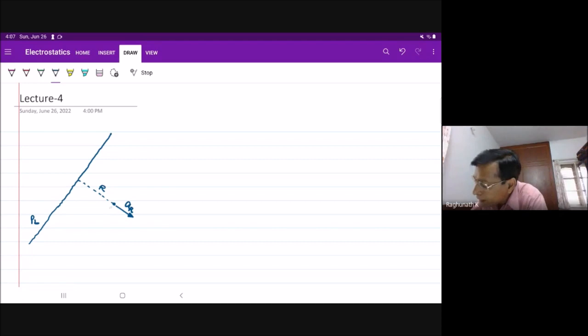The electric field intensity at this point is given by rho L by 2 pi epsilon r AR, which is the unit vector along the line joining the foot of the perpendicular drop from the point of interest and the point. One very important expression for us.